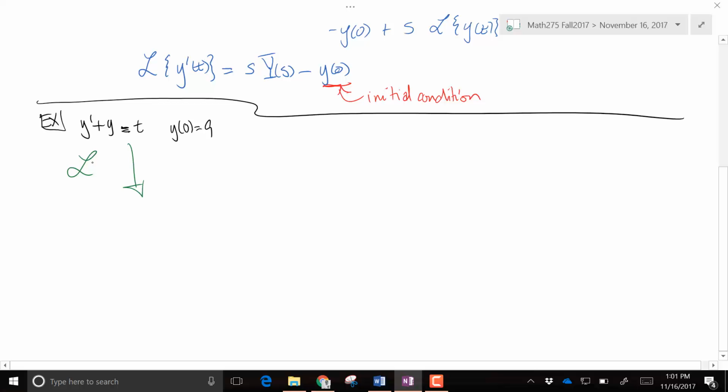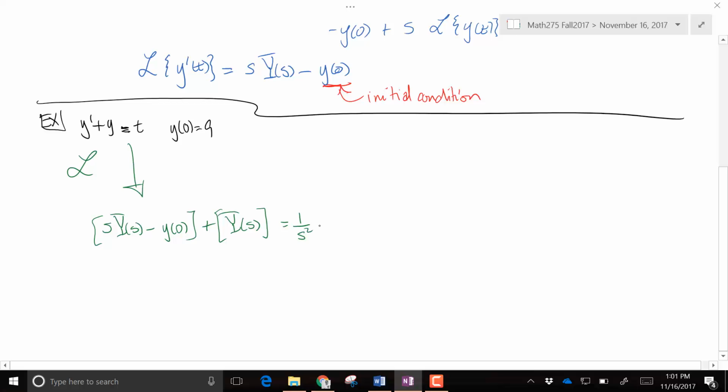We're going to replace the y prime with s capital Y of s minus y of 0, plus y, which is just Y of s, is equal to, and then the t in the Laplace world is going to be, what is it, 1 over s or s squared?